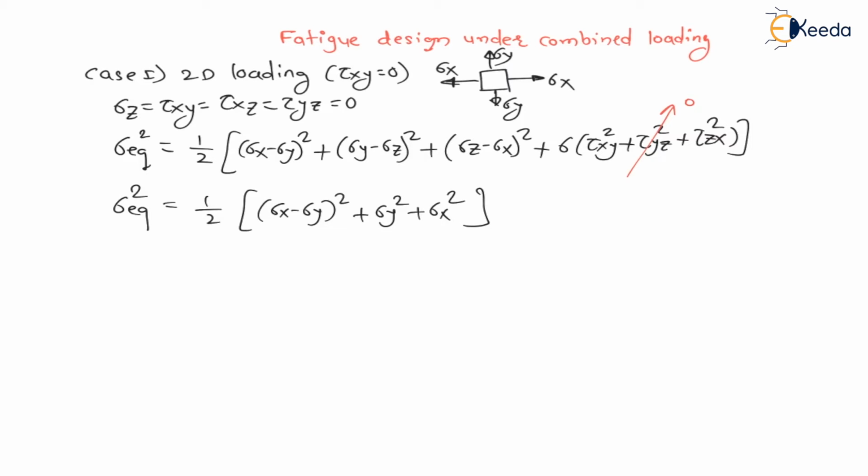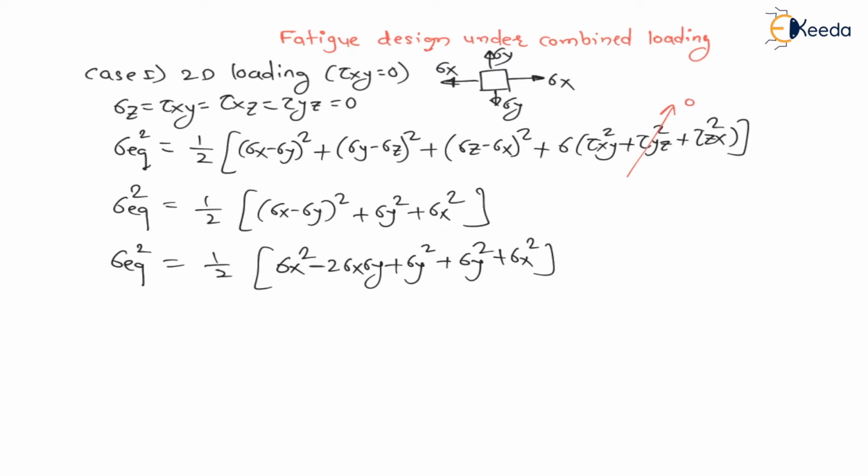Now simplify this. Therefore sigma equivalent square is equal to 1 half in bracket sigma x square minus 2 sigma x sigma y plus sigma y square plus sigma y square plus sigma x square. This will be the simplification. Again simplify this. Therefore sigma equivalent square is equal to 1 half, here 2 sigma x square plus 2 sigma y square minus 2 sigma x sigma y.